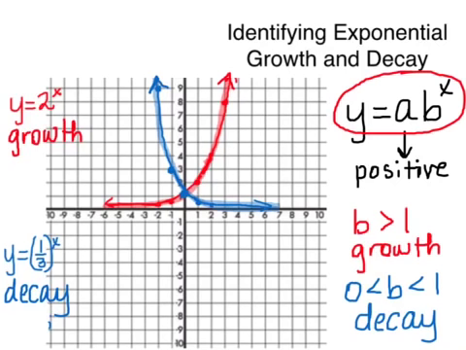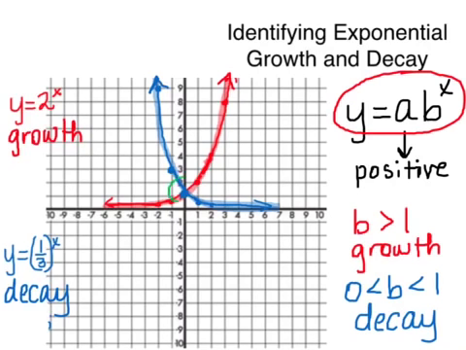Actually, x can be positive or negative, as we saw in our table that we did in the previous video, but a has to be positive and b can be one of these two scenarios, greater than 1 or between 0 and 1.